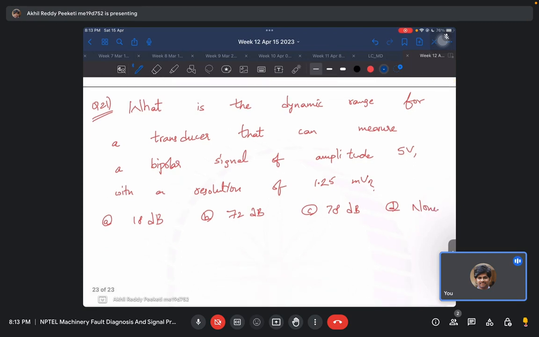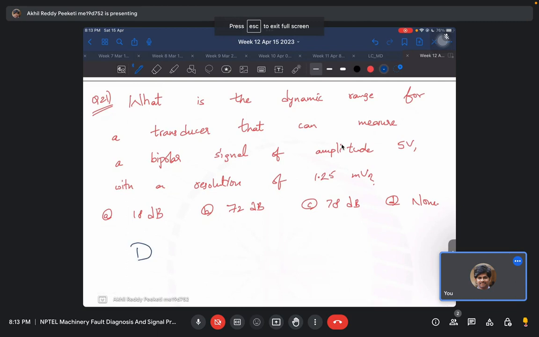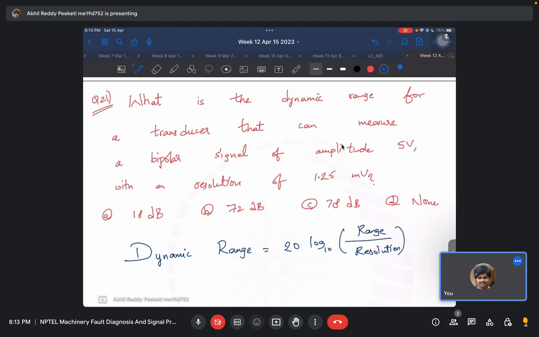So what is the dynamic range? You know the range and resolution. So it is given by 20 log 10 of range by resolution. Here it's given as a bipolar signal with amplitude 5 volts. So the range is 10 volts and the resolution is given as 1.25 millivolt.